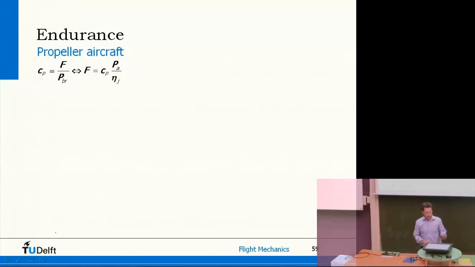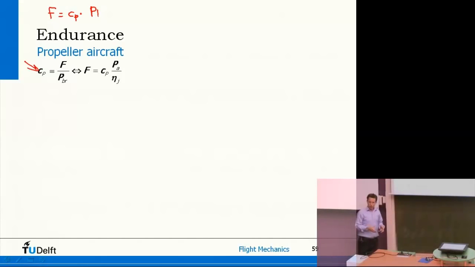By definition, you can say fuel flow is some kind of a constant times the brake power. And if you remember, you might have some engine, and the brake power is basically the power that's delivered to the shaft of the propeller.